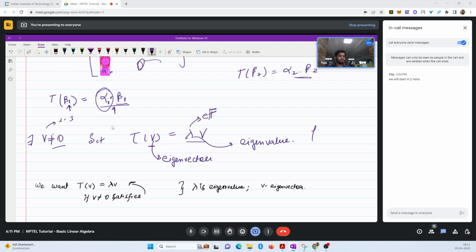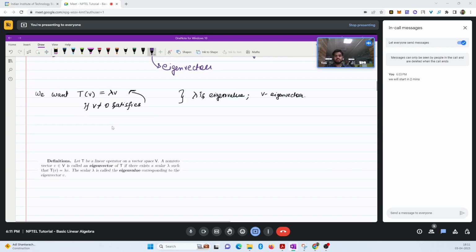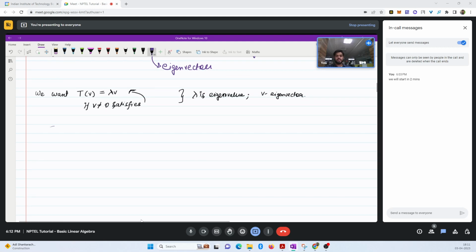for this transformation T. Okay, and whenever you talk about an eigenvector, that eigenvector is always associated with some eigenvalue. So this v is associated with this eigenvalue lambda. Okay, so now getting back to our question that we were asking, whether we can have a representation beta or not, so that your T of beta is a diagonal matrix.